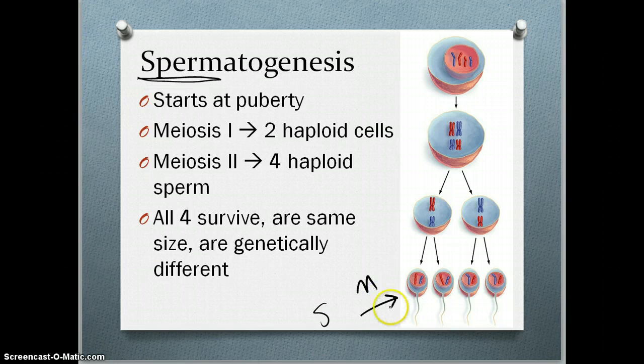So 4 sperm right here, and these little guys are all haploid. All 4 are going to survive. They'll all be the same size. They will be genetically different, though. Part of the purpose of meiosis is to create genetically different cells. So they'll all have a different combination of mom and dad's chromosomes.